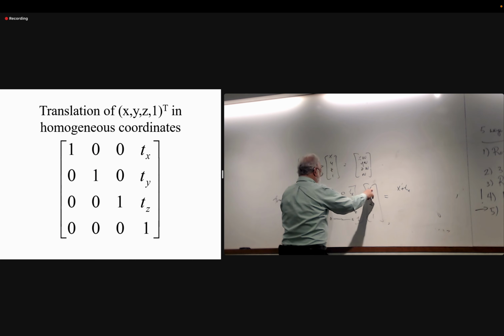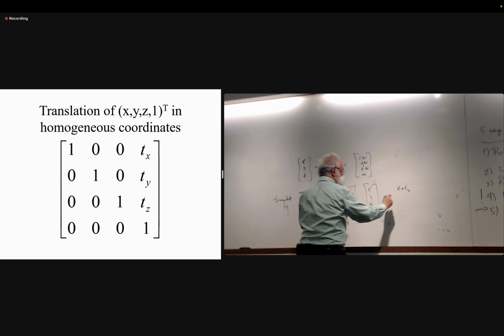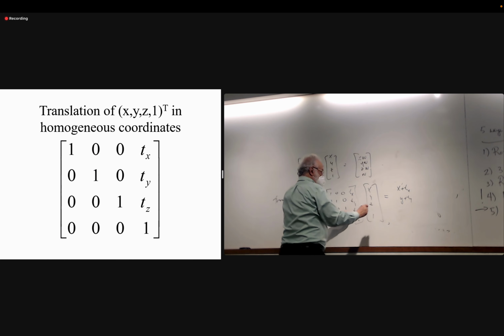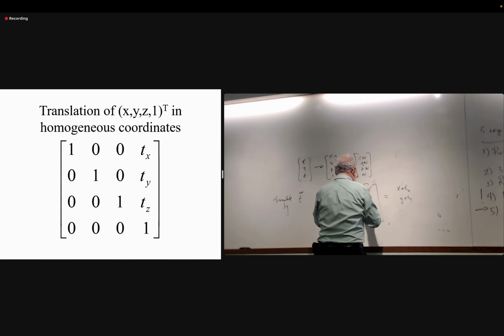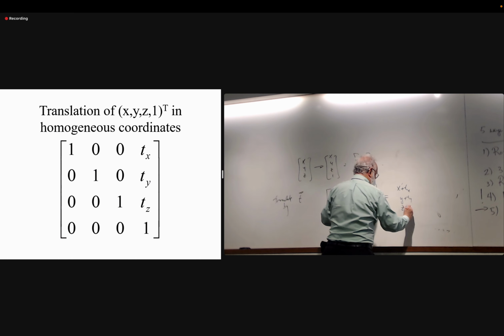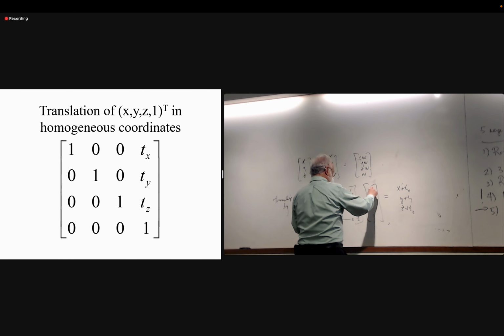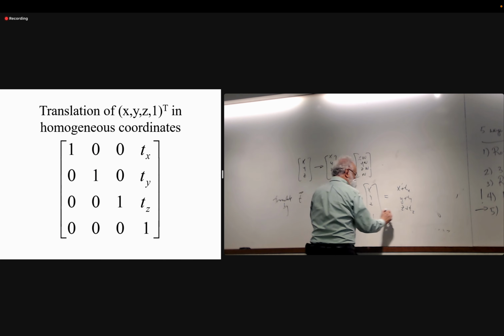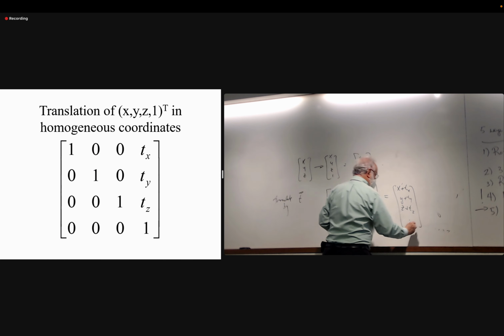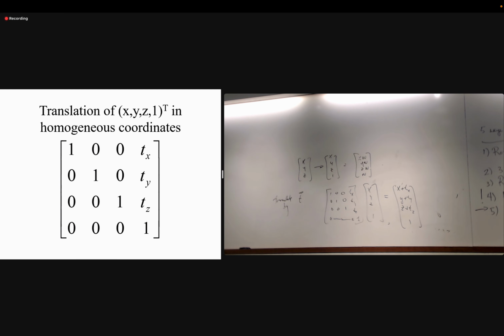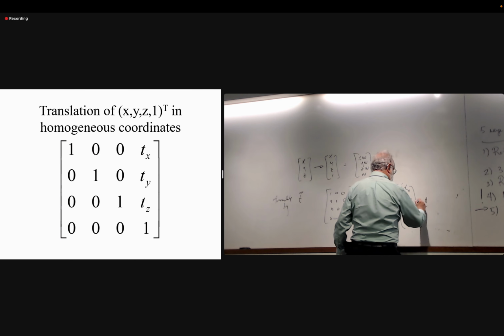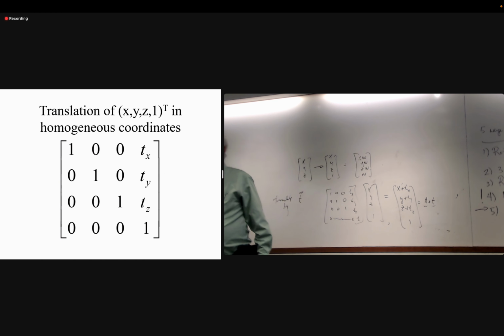And you're going to get 1 times y plus ty. 1 times z plus tz, and you're going to get 1 here. Sure enough, that's x plus t. I mean, it's the representation of x plus t.